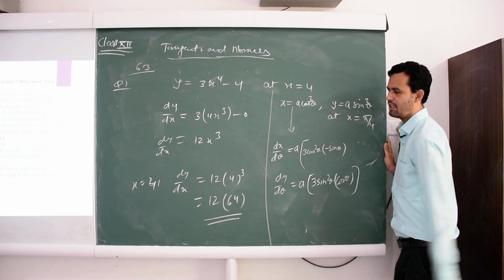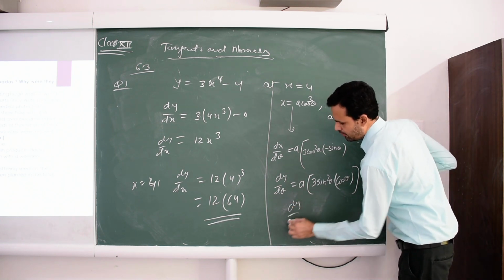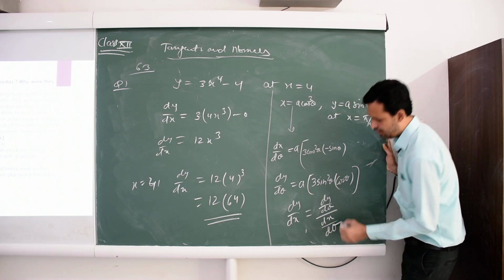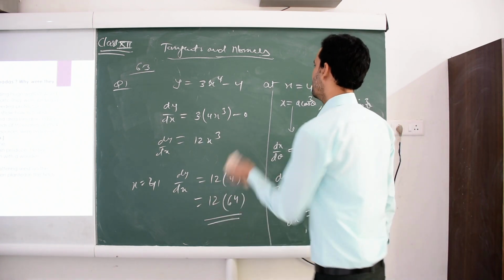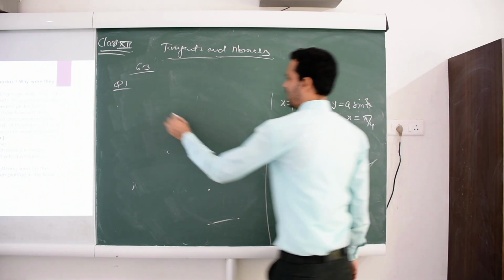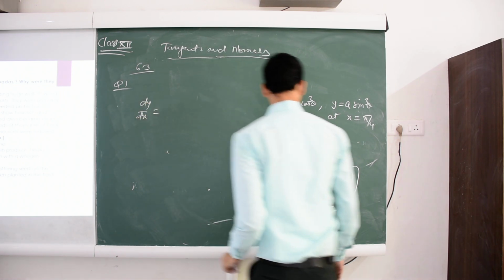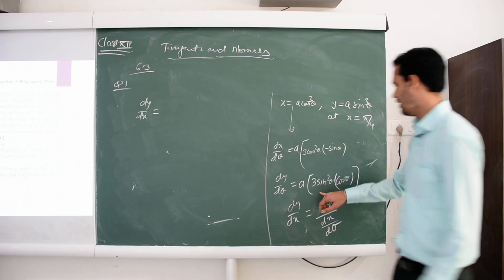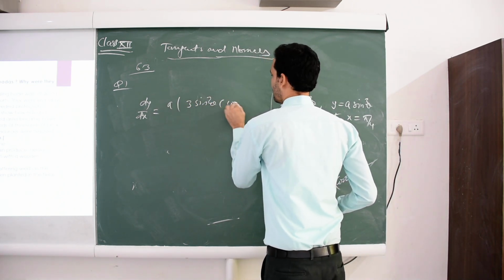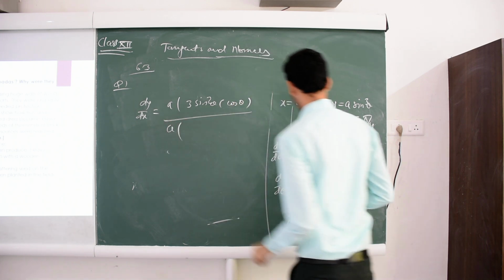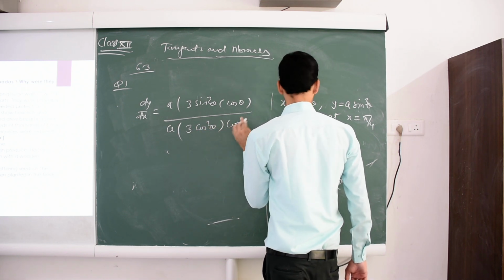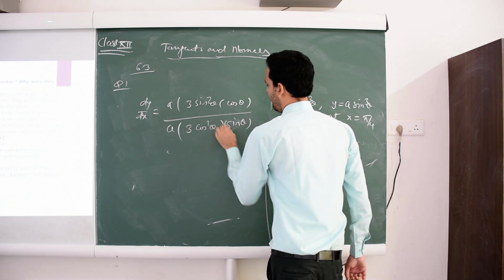So we get dy by d theta and dx by d theta. Now we find dy by dx, that is dy by d theta upon dx by d theta. We put these values: dy by dx equals a into 3 sin square theta into cos theta upon a into 3 cos square theta into minus sin theta.